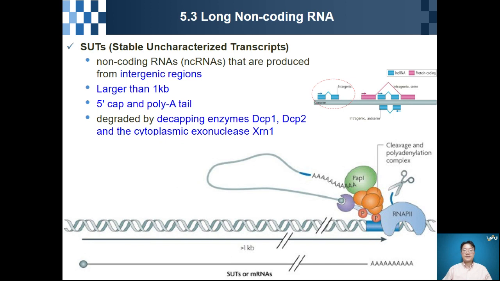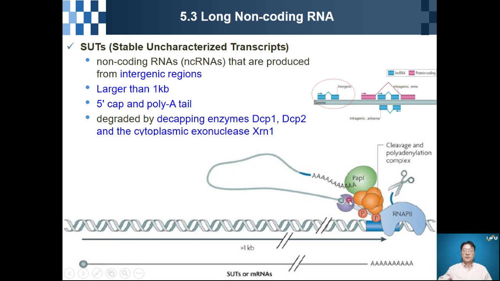However, this is SUT. SUT is the stable uncharacterized transcript. So this is a long non-coding RNA that is produced from the intergenic region, and the size is larger than 1 kb. So this is the poly A site. They pass the poly A site, so they have the 5' cap, and also they have a poly A tail.